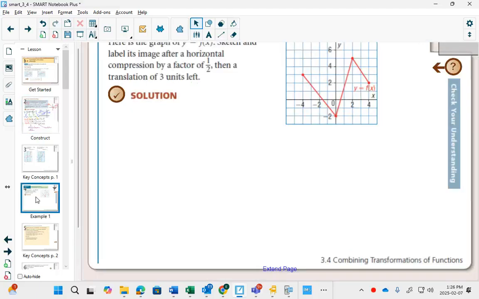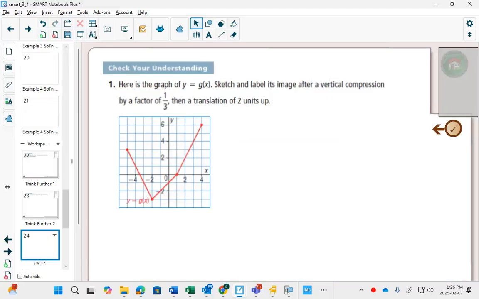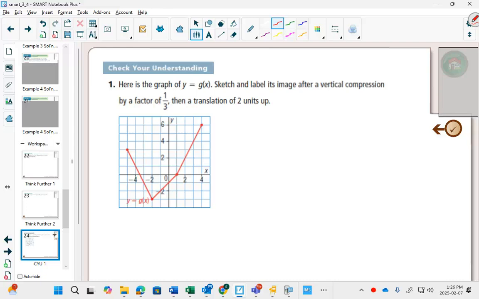Okay, let's go to example 1. Here's the graph of g of x. Sketch and label its image after a vertical compression by a factor of 1/3, then a translation of 2 units up. So if we label these 4 points, I'll do them right here.